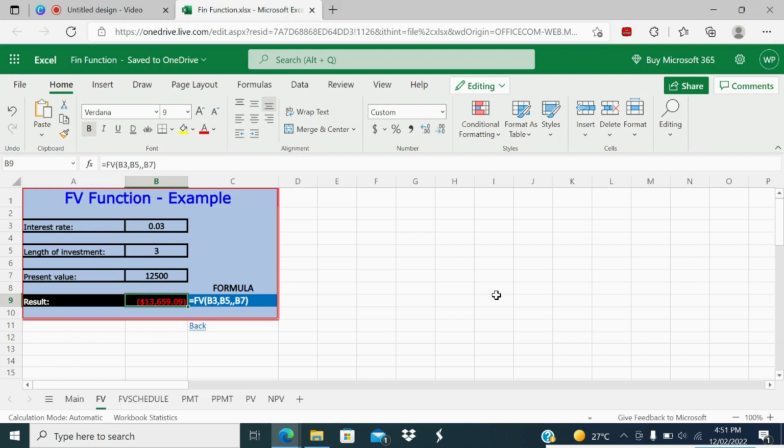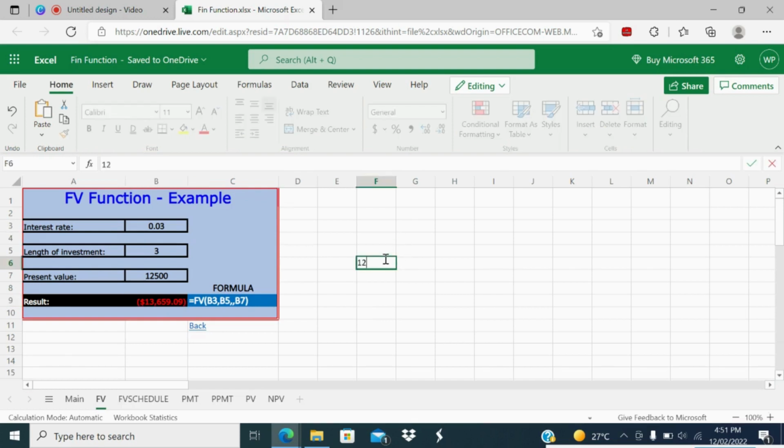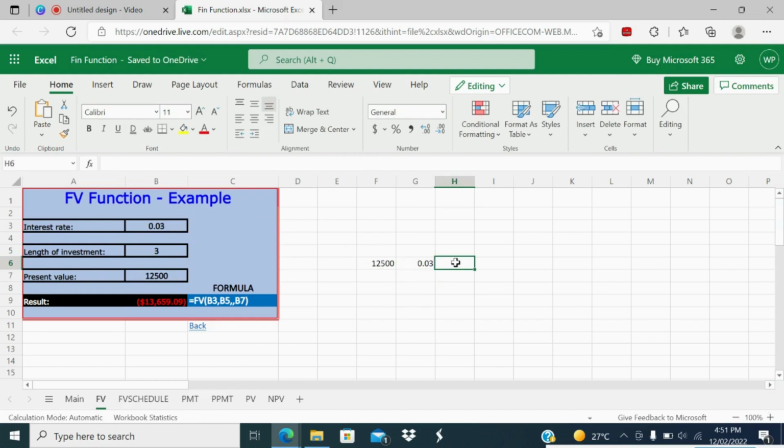So how will you cross-check this? To check whether this answer is correct or not, let me write here. The investment present value is 12,500. The interest rate is 3%. I'll bring the same here, and I'll multiply for the first year with 3%.